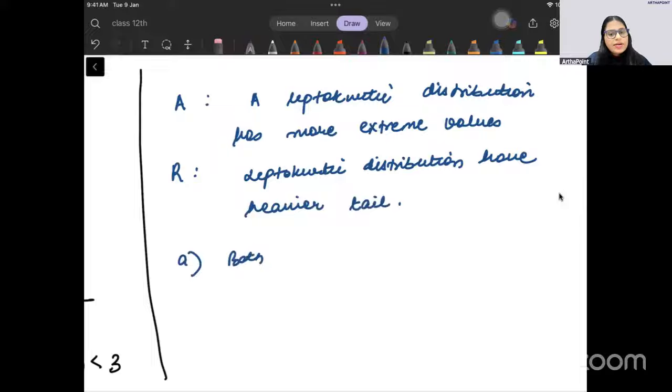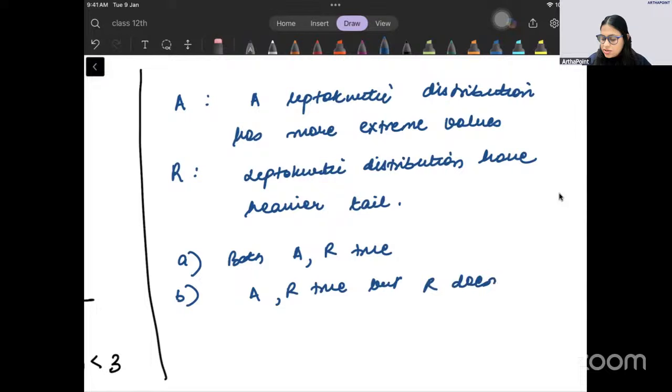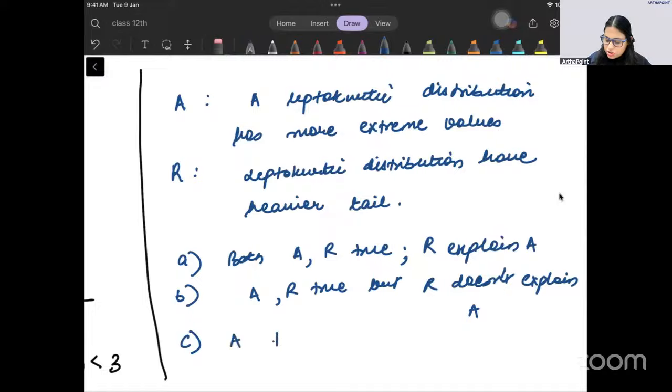Options: both assertion and reasoning true, but reasoning doesn't explain assertion; both true and reasoning explains assertion; assertion true, reasoning false; both assertion and reasoning false.